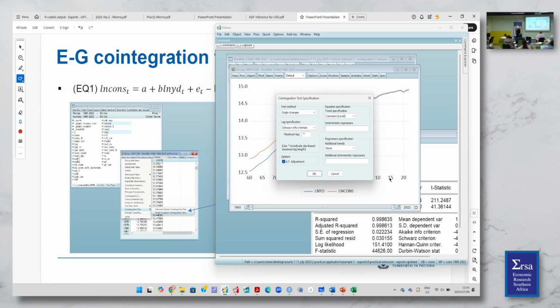Let me just show you what our options are there. It's constant, none, linear trend, quadratic trend. Constant is the default, but what does that mean? Does that mean the test regression is an intercept model? Or what does it mean?